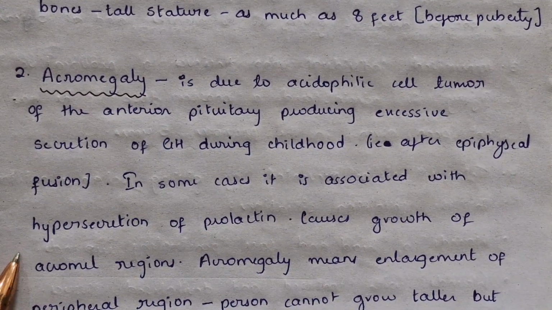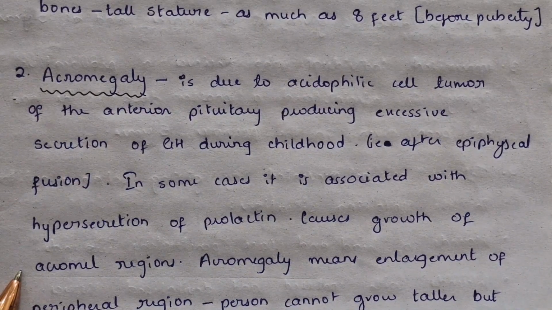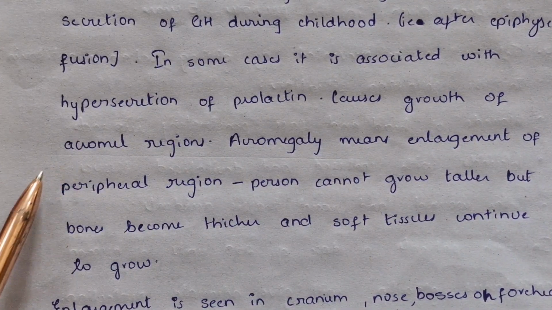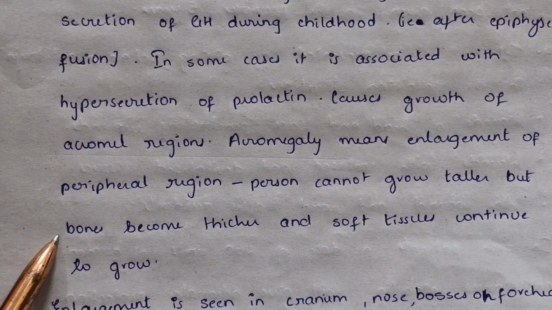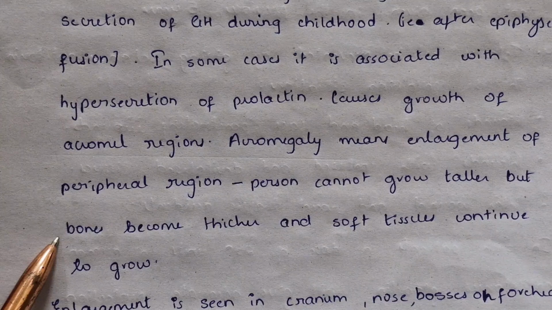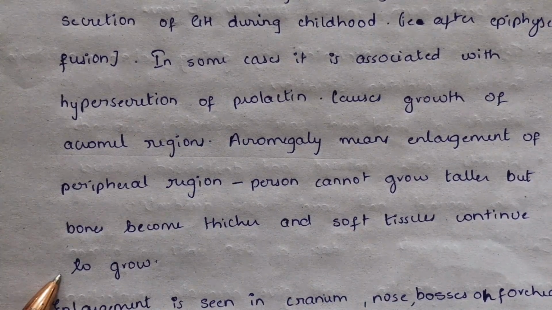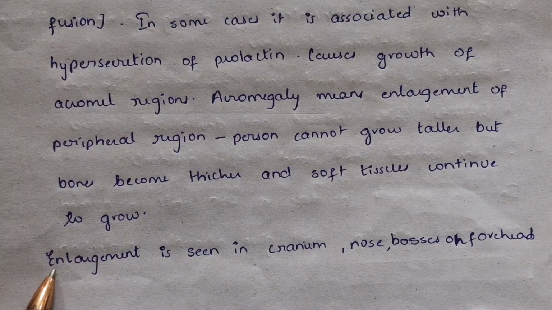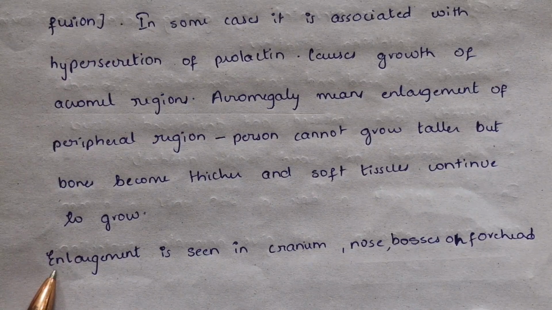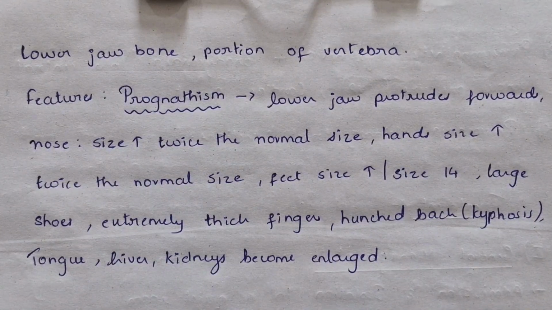It causes growth of the acral regions. Acromegaly means enlargement of the peripheral region. The person cannot grow taller, but the bones become thicker and the soft tissues continue to grow. The enlargement is seen in the cranium, nose, bosses on the forehead, lower jawbone, and portion of the vertebra.